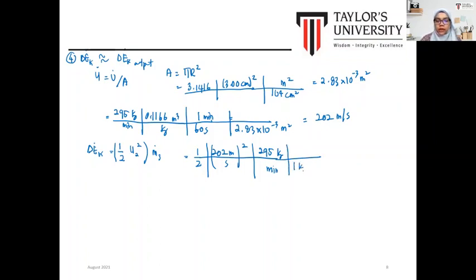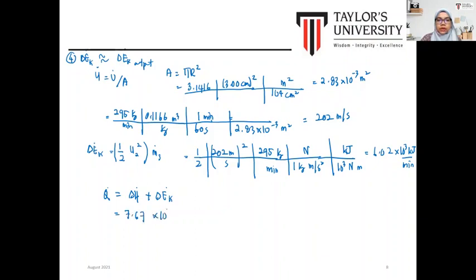So we have 1 kg m per second squared equal to Newton, and then we can cancel the Newton, so equal to kilojoule. Finally, we can get the answer, which is about 3 kilojoule per minute. And then your Q equals delta H plus delta kinetic energy, equal to 7.67 times 10^5 kilojoule per minute. So this is how we solve our first problem.